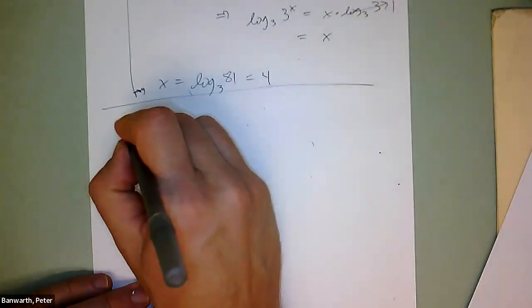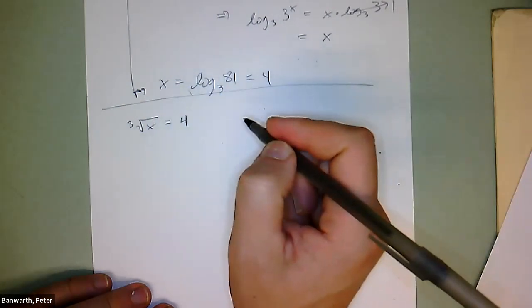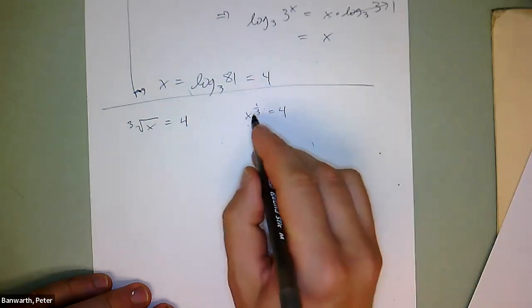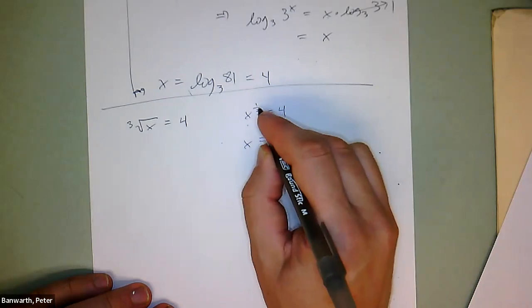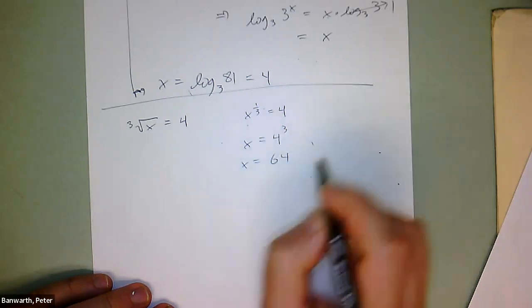Other ones, I could do the cube root of x equals 4. And so I can rewrite that as x to the 1/3 equals 4. So to undo that root, I have to raise both sides to the reciprocal, which is just the cubed. So x is 64.